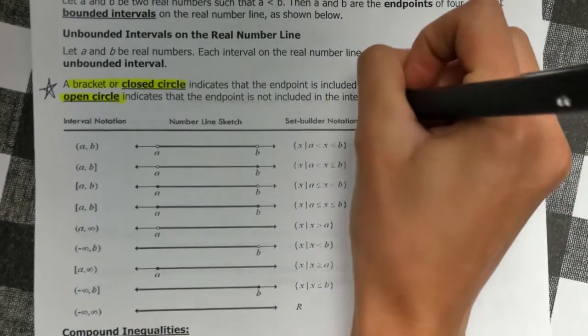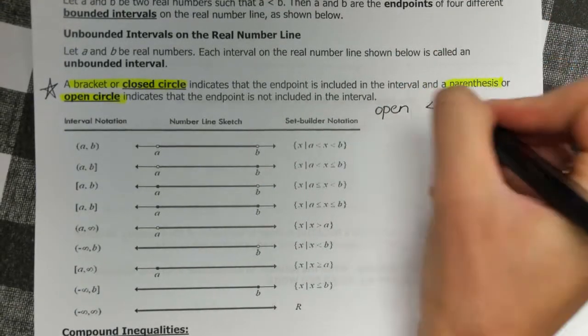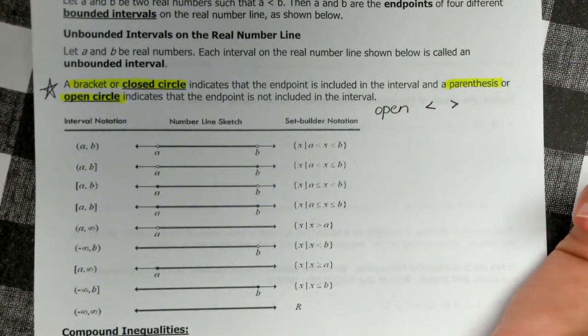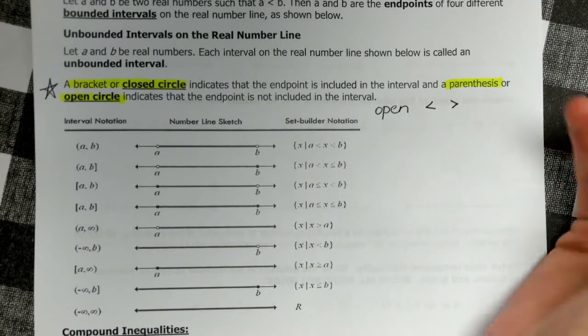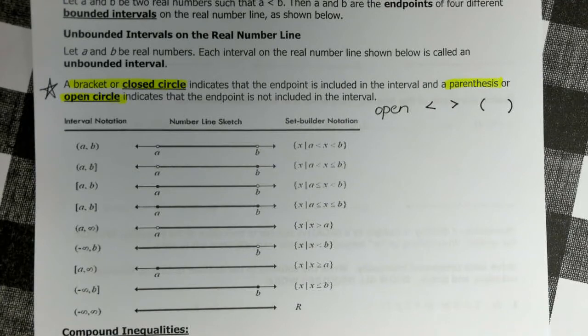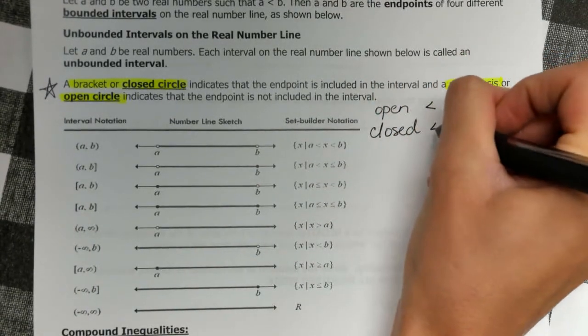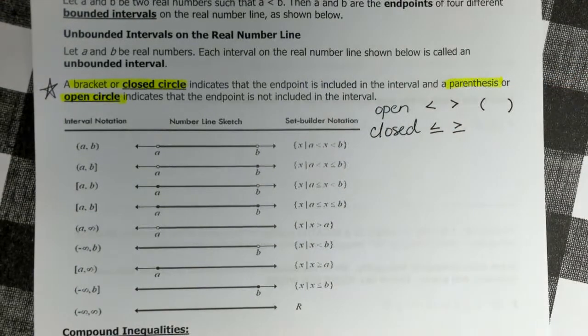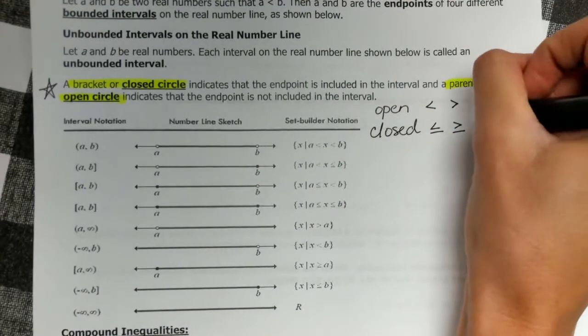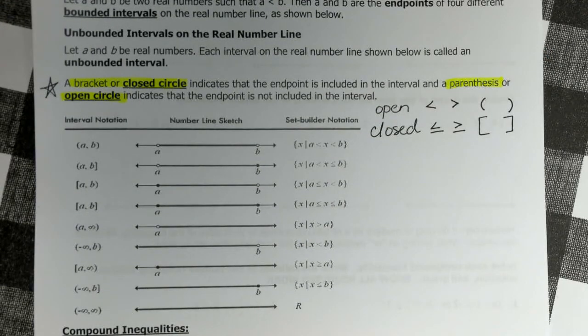All right, so if you need to write it to the side, an open circle is usually when you have less than or greater than. Okay, those are your inequality symbols, and those are represented by parentheses. A closed circle is less than or equal to, greater than or equal to, so because it's equal to, it's included, and those are represented by brackets. Okay?